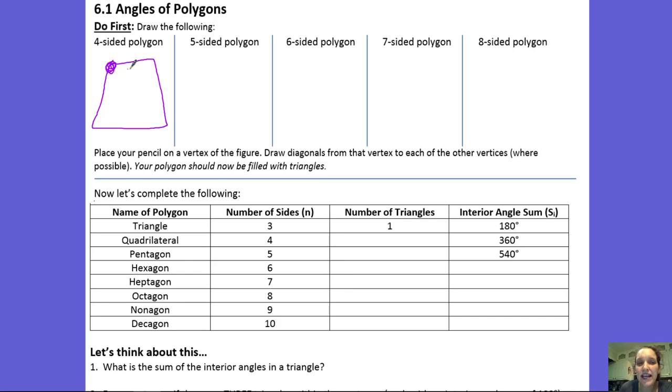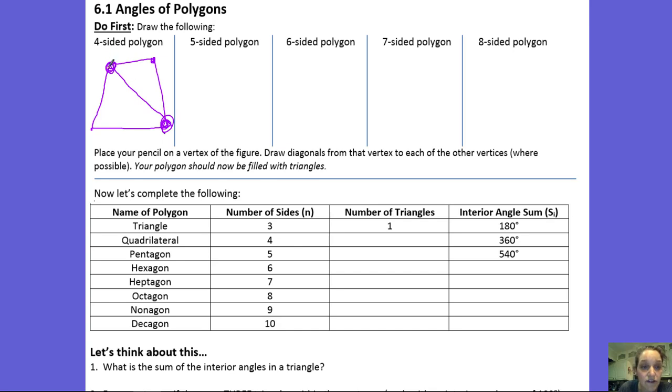But I don't want to count, if I'm going to connect this vertex with this vertex, that's just a side. So I'm thinking like not including sides. To connect these two vertices, that's just a side of this polygon. So there's really only one way that I can draw a diagonal from that vertex to the other.